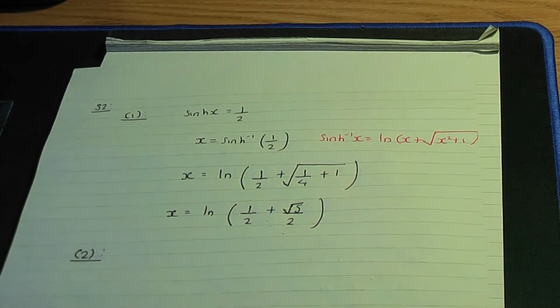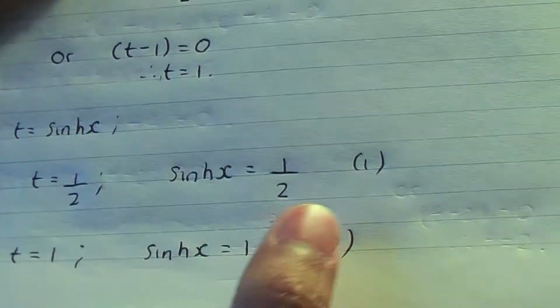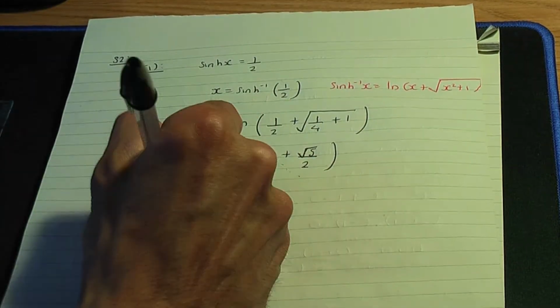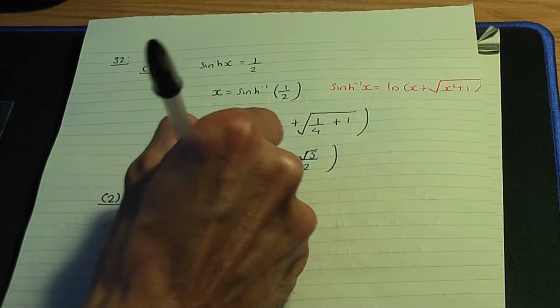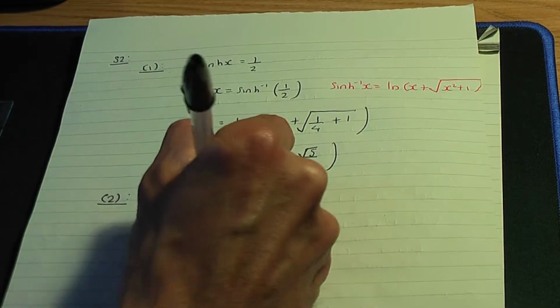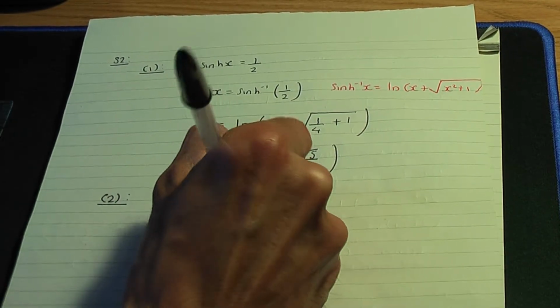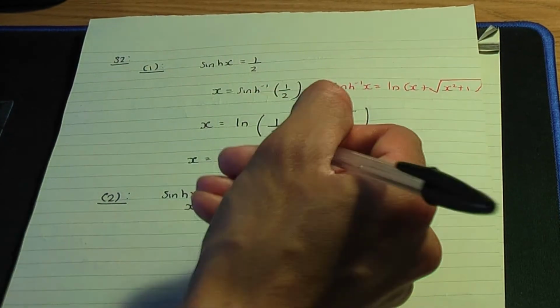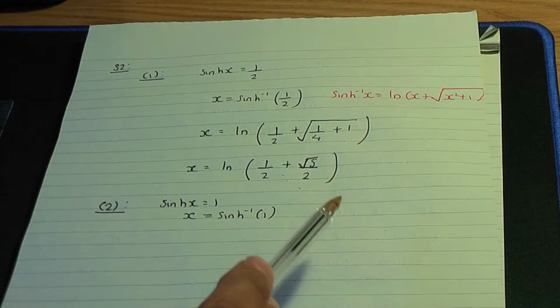Now if we solve equation 2, hyperbolic sine x equals 1, x will be the inverse hyperbolic sine of 1. And once again, let's practice using this definition.